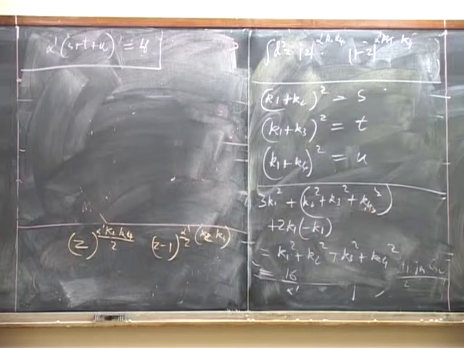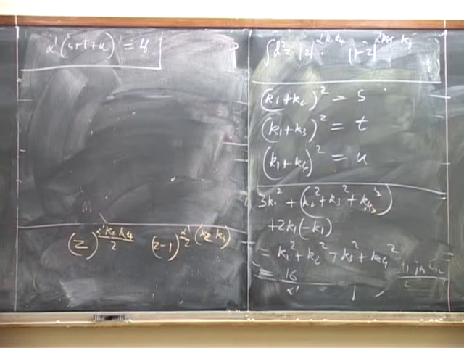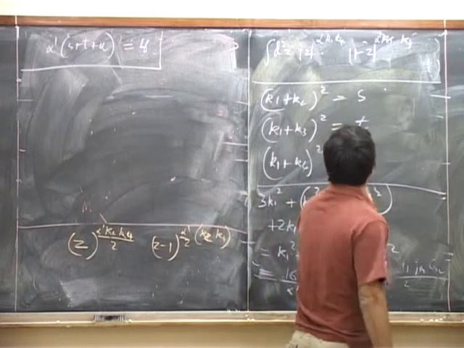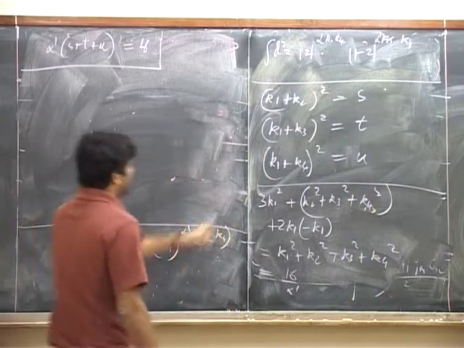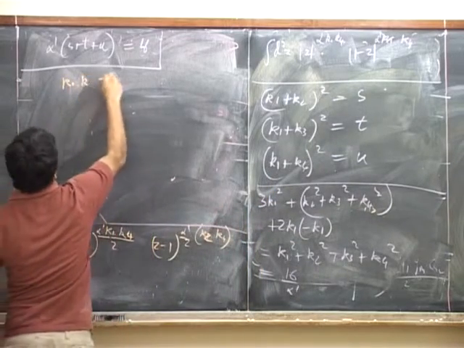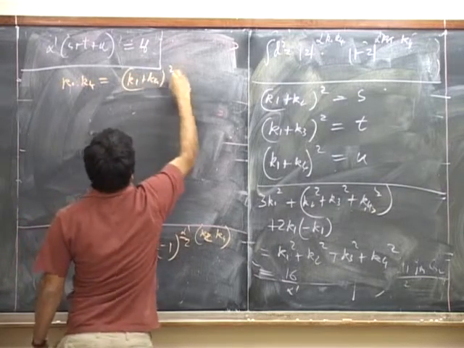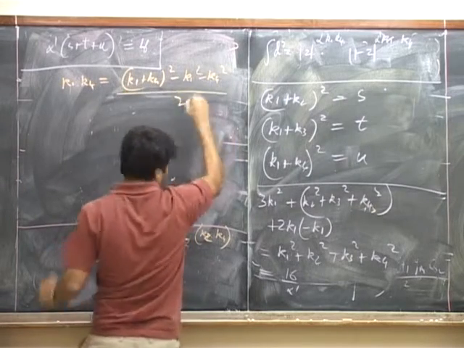So that's that. Now we want to rewrite our formula in terms of these invariants. That's very simple, because k1 dot k4 is equal to k1 plus k4, the whole thing squared, minus k1 squared minus k4 squared, divided by 2.